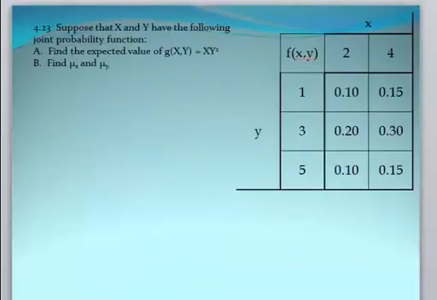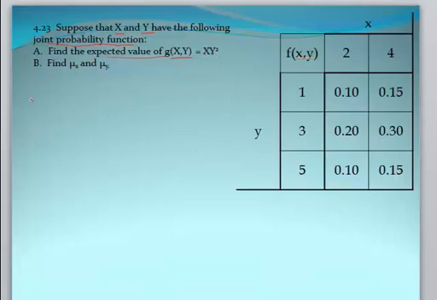Okay, so now we're supposing the x and y, we're going back to some discrete examples, have the following joint probability function. Find the expected value of this particular g function, which consists of x times y squared.